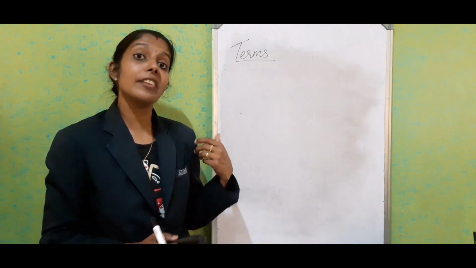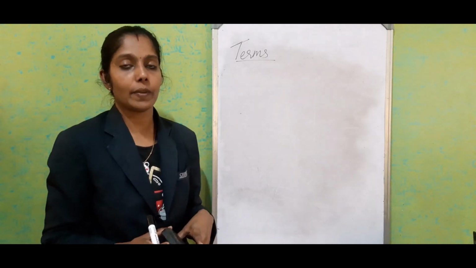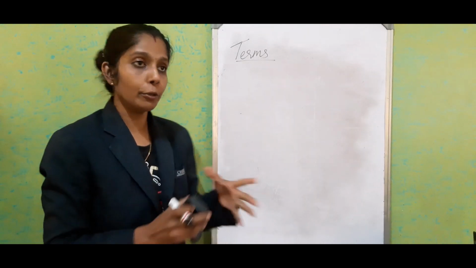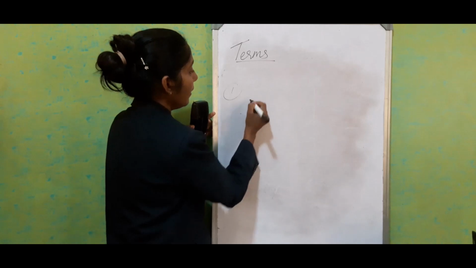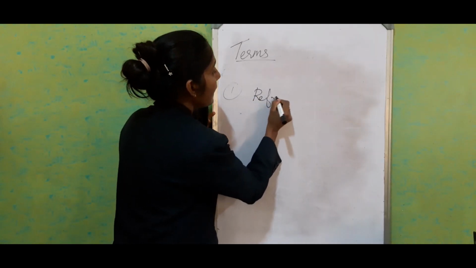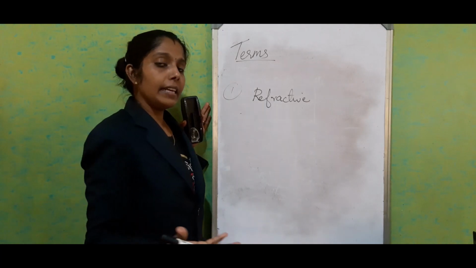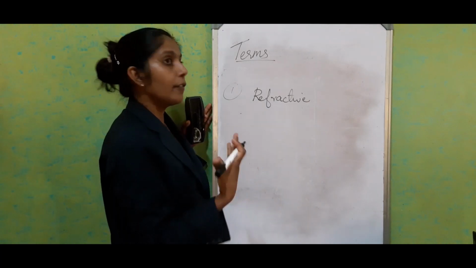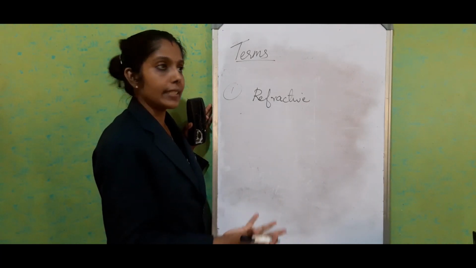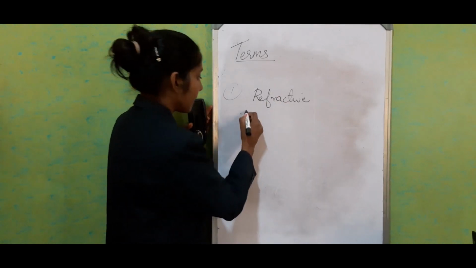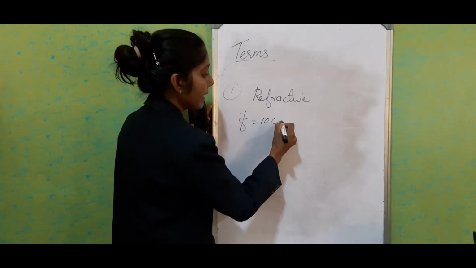First one, the refractive index of the medium. Okay. So focal length depends upon two factors. First one, refractive index of the medium. We know that as the refractive index increases, the focal length also increases. In air, just consider the focal length is 10 centimeter.